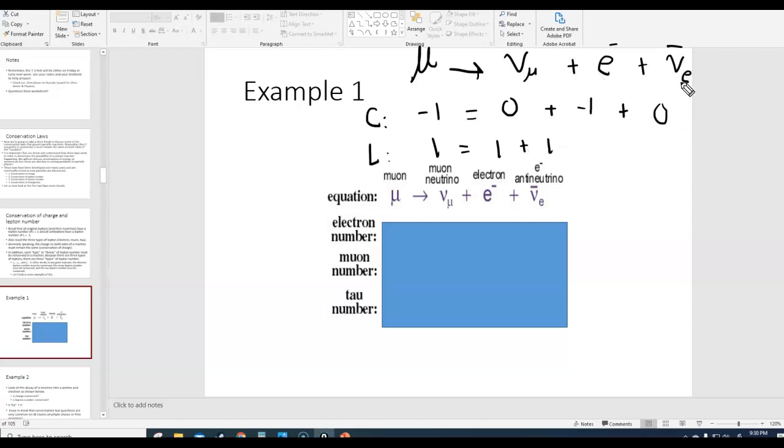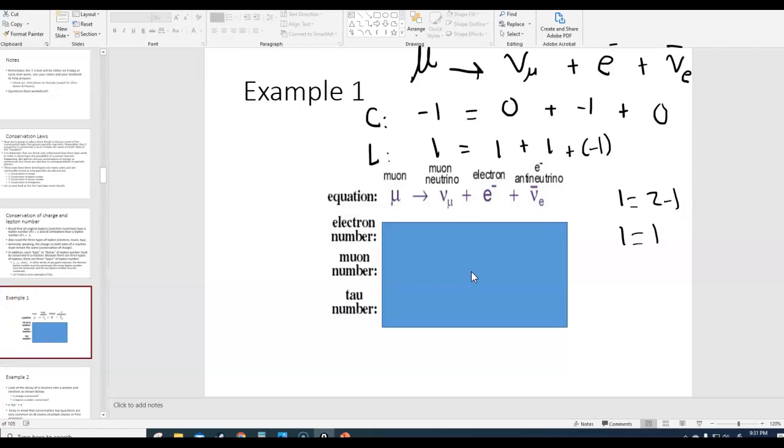And then this anti-electron neutrino would have a lepton number of -1. Okay. Now you might be thinking at this point that because it's the same on both sides, this reaction is feasible, because lepton number is conserved on both sides. But remember that lepton number also has to be conserved by family.